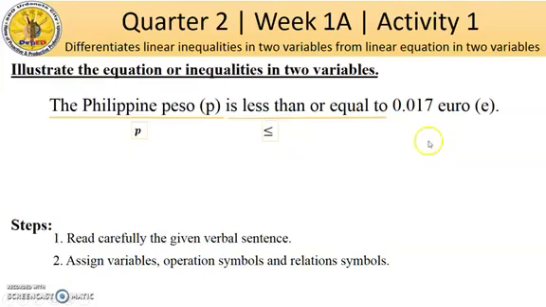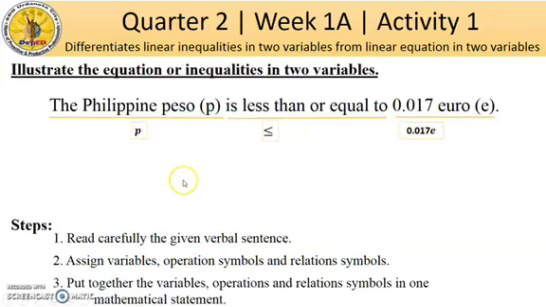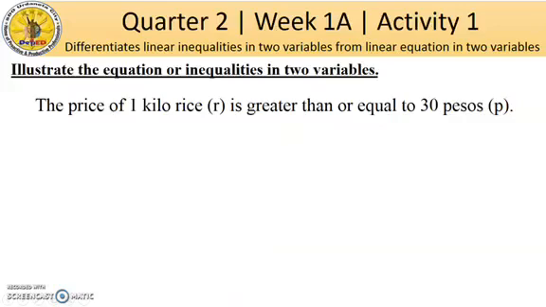And 0.017 euro, we have E for the euro. Putting this together, we have P is less than or equal to 0.017 E.